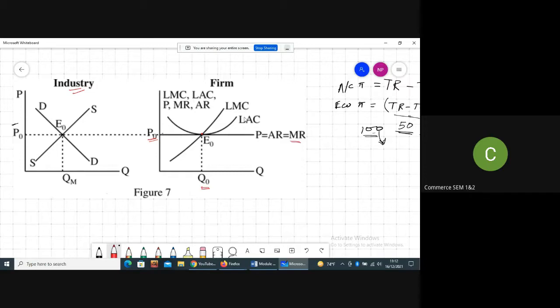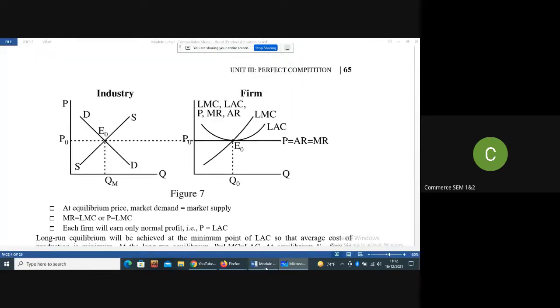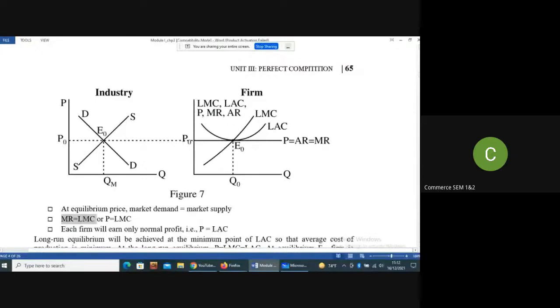Okay. So in the case of a long run equilibrium, what are the conditions? At the equilibrium price, the market demand is equal to market supply. This is for the market or the industry. And for the farm, marginal revenue will be equal to LMC.